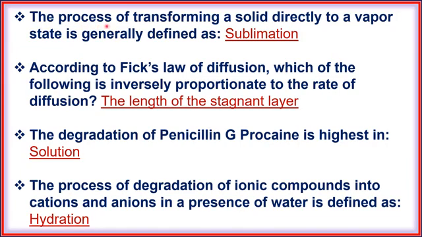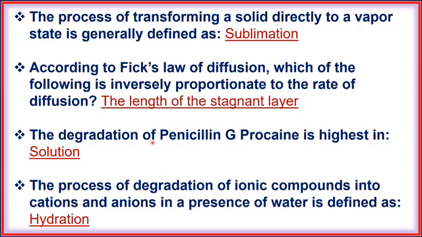Next, the process of transforming a solid directly to a vapor state is generally defined as sublimation. Next, according to Fick's law of diffusion, which of the following is inversely proportionate to the rate of diffusion, that is the length of stagnant layer?